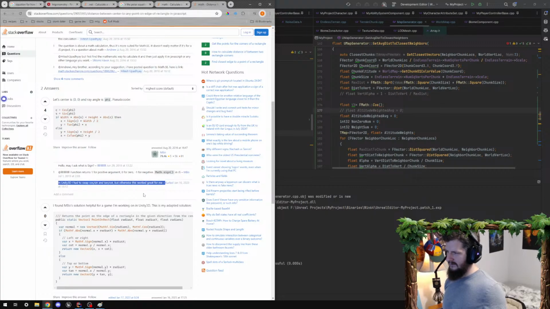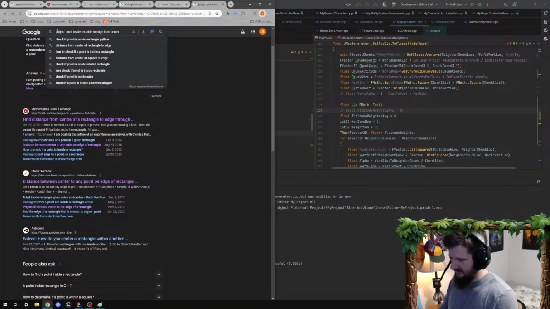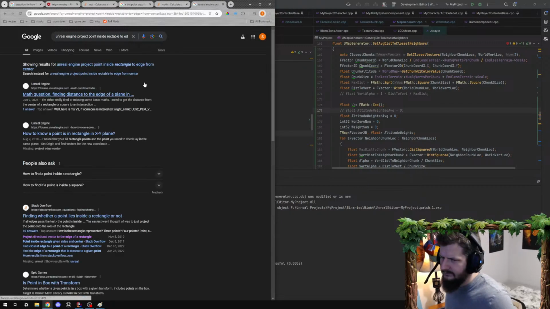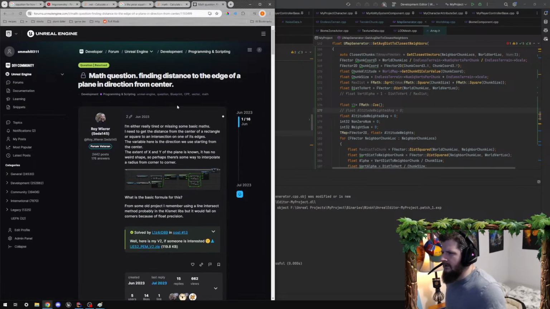God. See, that's the stuff that I'm just not gonna understand. Will I be searching for this for Unreal Engine? Finding distance to edge of a plane in direction from center.